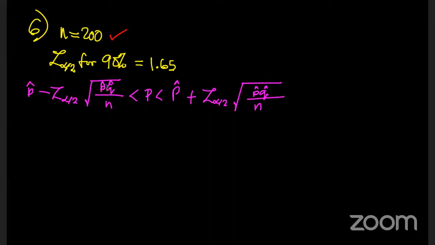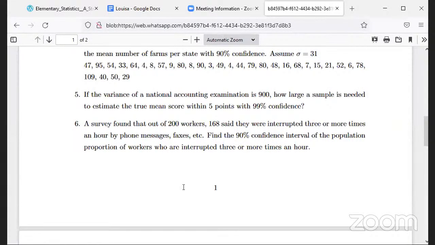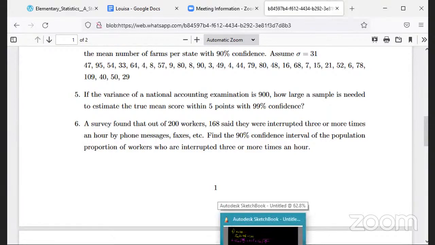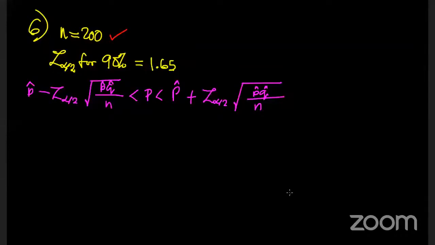Let's find them. We're told that out of 200, 168 said they were interrupted 3 or more times. So what percentage is that? Let's call that P prime. It's 168 all over 200.